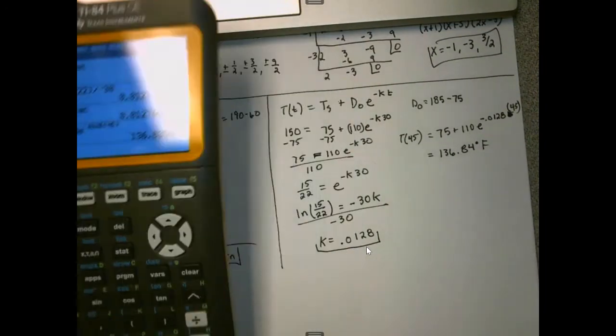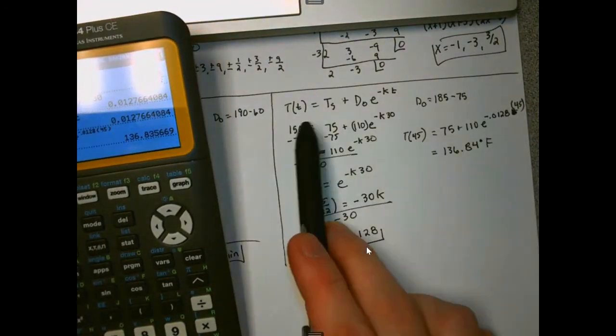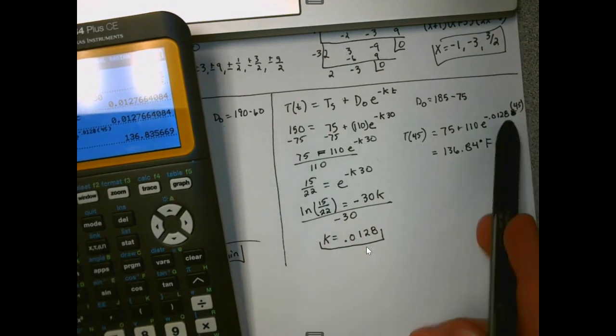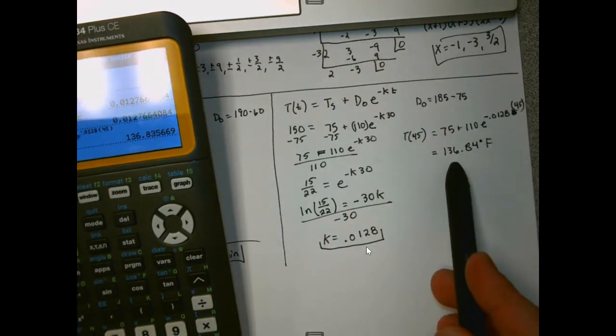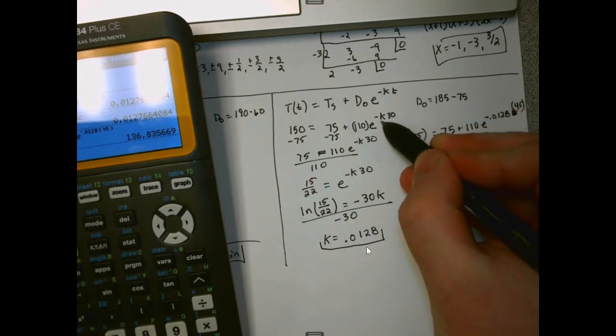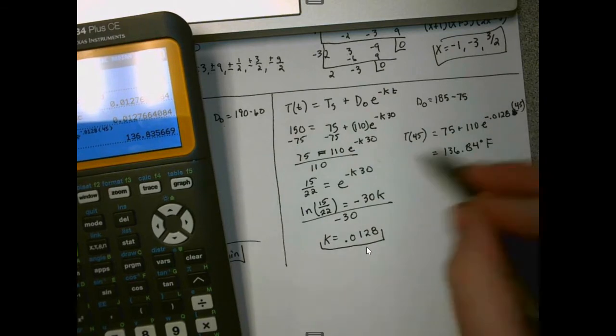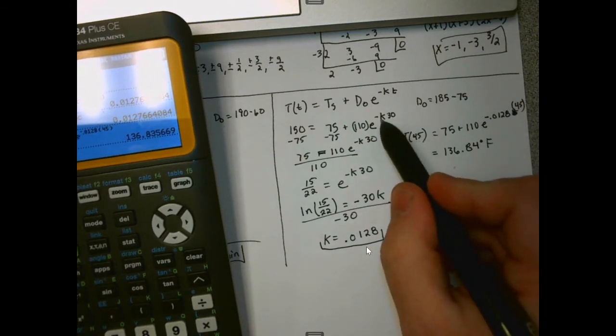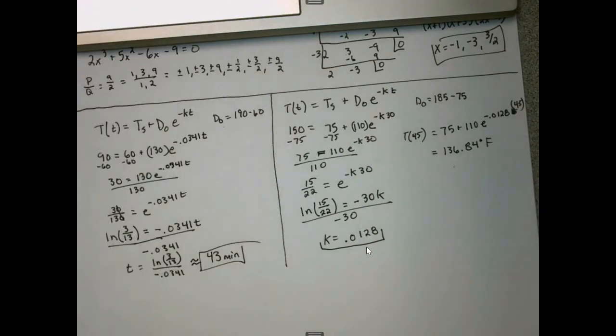Okay, so it dropped a little bit more. After 30 minutes, it was 150. After 45 minutes, it's 136. Now, because we used minutes to find k, we're going to use minutes all the way through. If I used hours to find k, then I'd have to use hours all the way through.